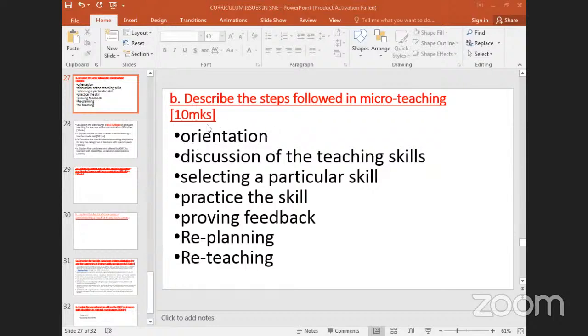And during this orientation, this is also the time when you are going to be given roles. There are those who are going to be the learners in the class, and there are those who can play the supervisory role, including the position of an assessor.